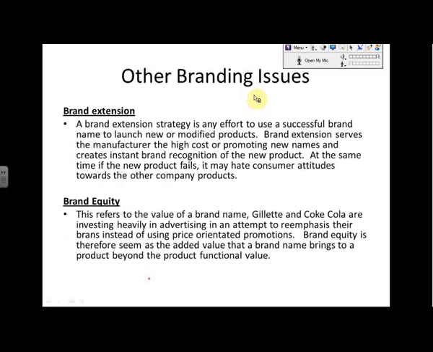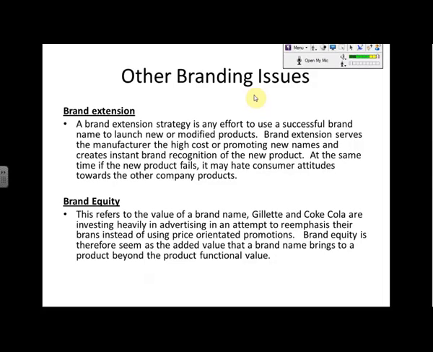There are also other branding issues, and these are two: brand extension and brand equity. What is a brand extension? A brand extension strategy is any effort to use a successful brand name to launch new or modified what? Product. So you are extending from one original product to actually launch a new or modified product.